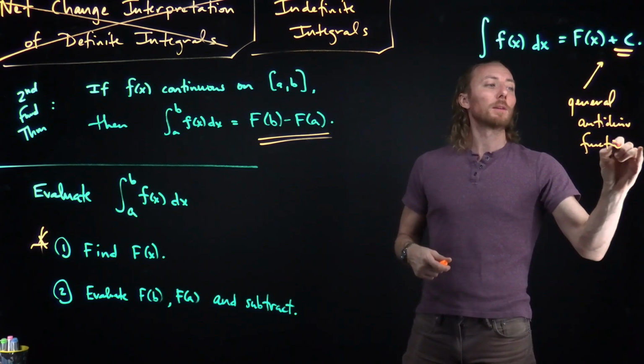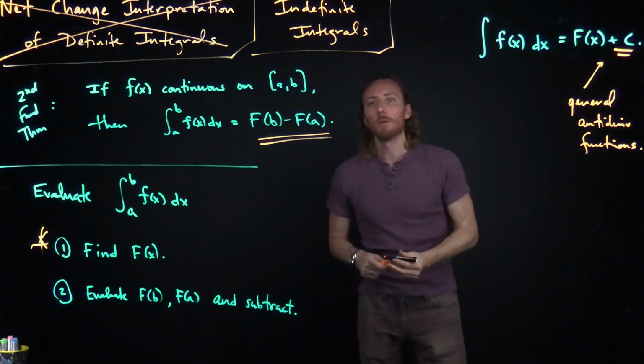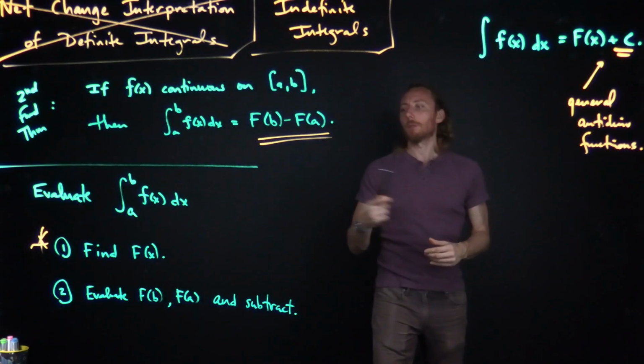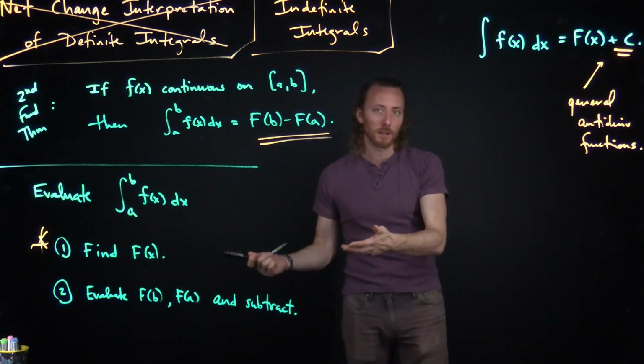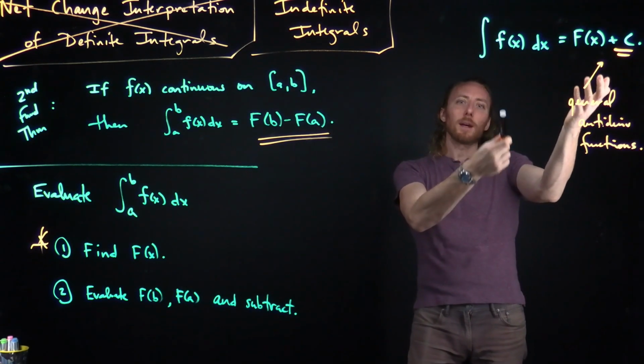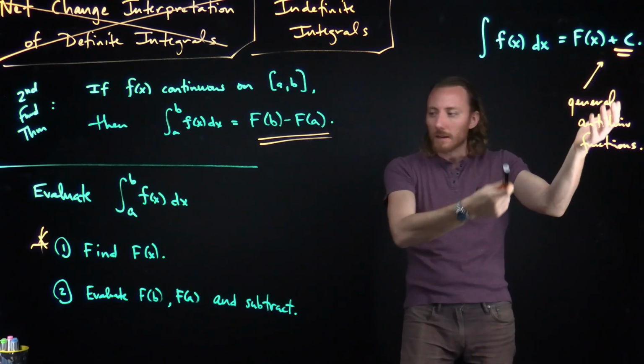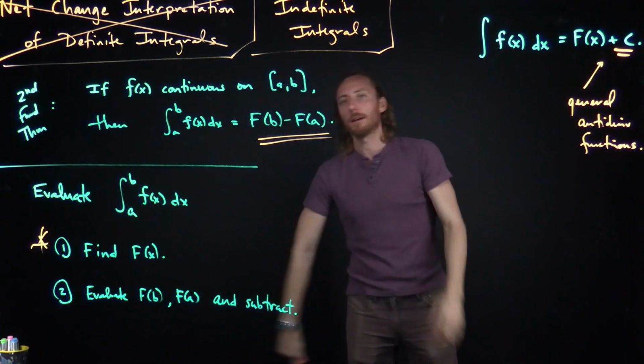which really supplies the keys to the castle whenever it comes to computing the signed area between a function's graph and the horizontal axis. Computing a definite integral really requires evaluating an indefinite integral and then just plugging in B, plugging in A, and subtracting.